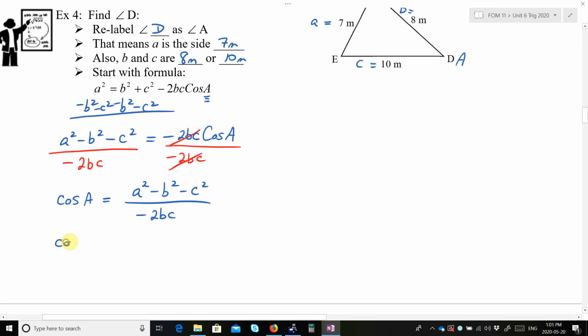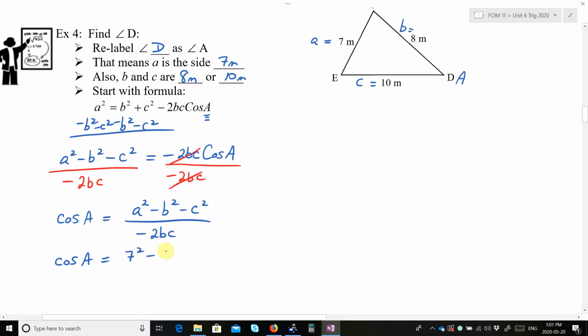And now we can start to plug in some numbers. A is 7, so I have 7 squared minus the b is 8, and the c is 10, so minus 8 squared minus 10 squared, all divided by negative 2 times b is 8 and c is 10. Okay, it's got to be divided by all of that.